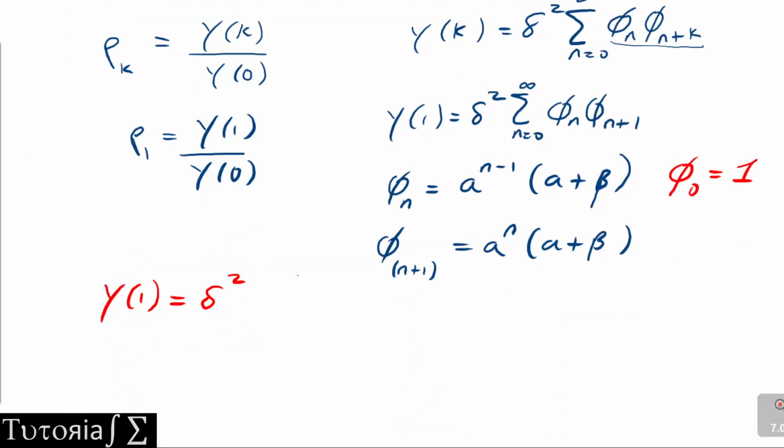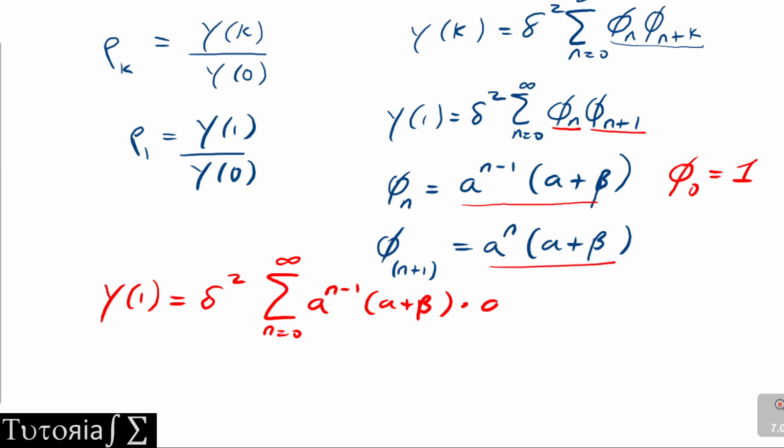So this will be equal to the sum from 0 to infinity. Then here we can put this. That is a to the power n minus 1 times a plus beta, times, here we can put this, a to the power n times a plus beta.